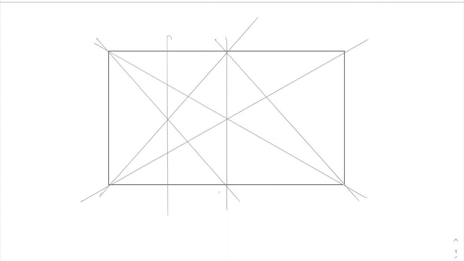I'm not suggesting that you do this frontally on your paper, because yours is going to be in perspective, but I'm just showing you how this works. And it's a little bit clearer when you darken for emphasis. So there you go. It works the same way in perspective on a trapezoid, which is what you've got going on your house.